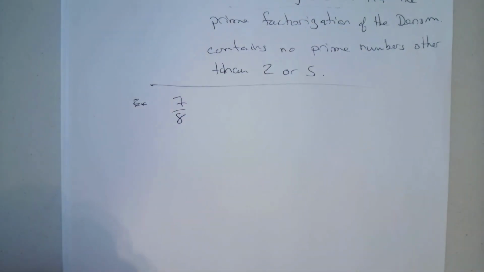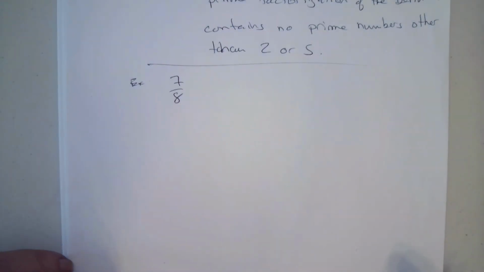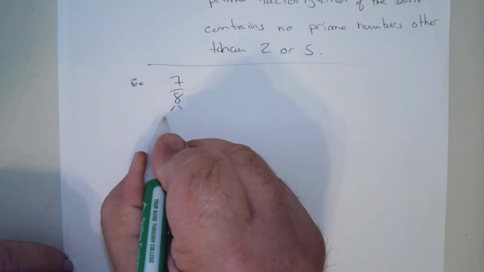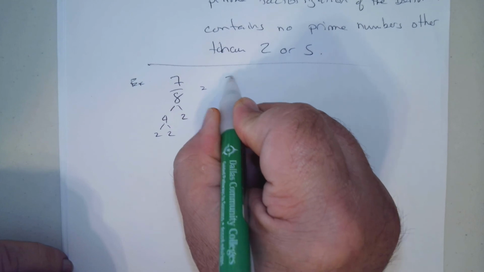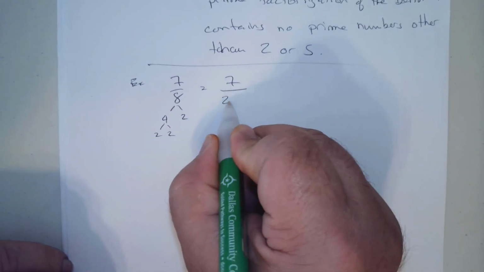7/8. Does that have a terminating decimal? Well, let's see. 4 times 2, 2 times 2. So 8 is 2 to the 3.